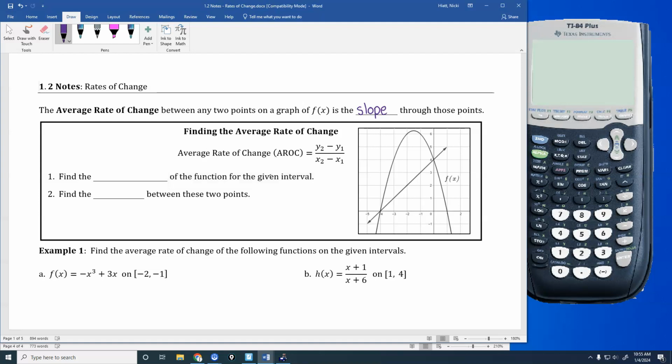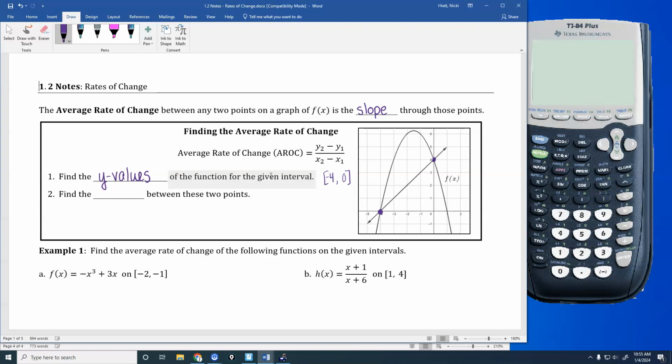Oh, find the y values of the function for the given interval. So, like, it's got a graph over here. Let's imagine that we were looking on the interval from -4 to 0, right? So -4 would be right here, and x equals 0 would be right here.